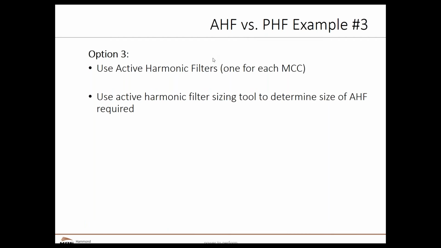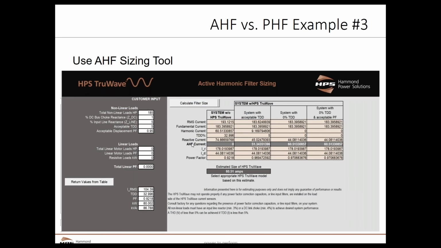So the third option would be to use an active harmonic filter for each MCC. So essentially you'd have a third of that 555 horsepower VFD load on each MCC. So you've got a third of 555 horsepower or 185 horsepower in total nonlinear load.